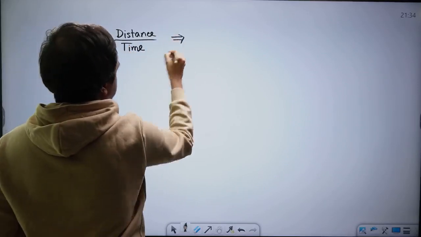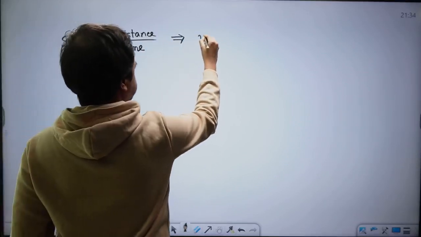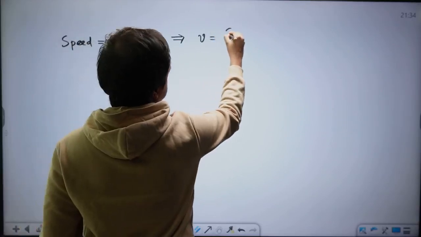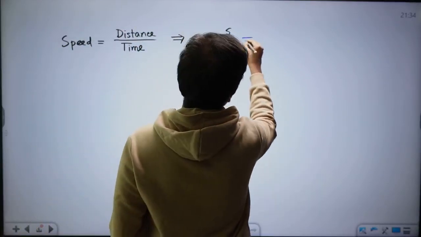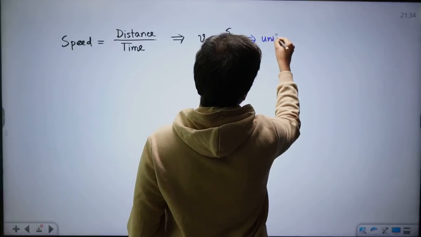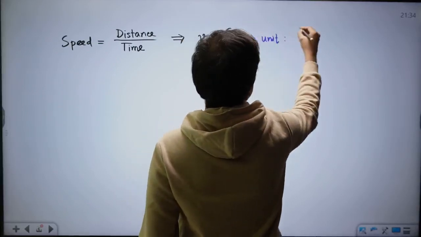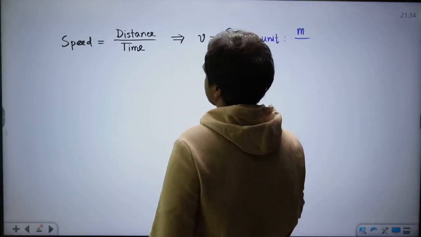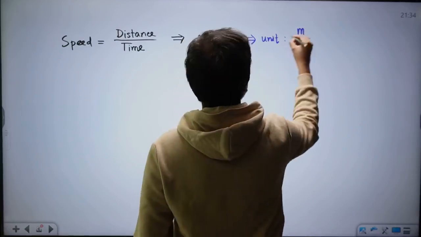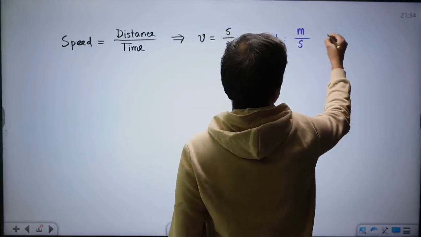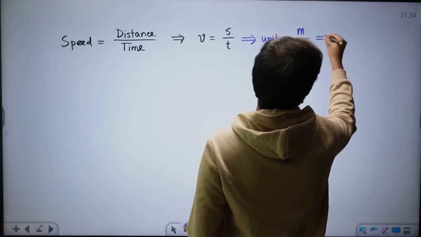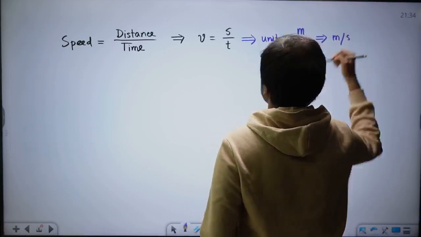So we write it as v equal to s by t. If you try to understand the unit of it, s has a unit of meter, or the distance, and time has a unit of seconds. So the unit is meter per second.